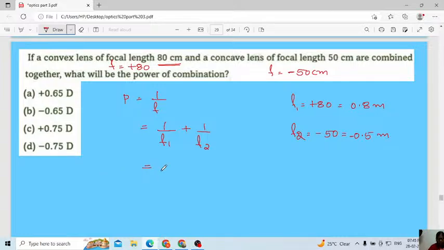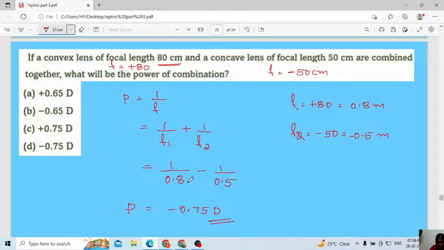Then substitute here, 1 by 0.8 minus 1 by 0.5. Don't neglect the minus sign here. You will solve and get minus 0.75 D. When you take LCM, 0.8 is the bigger one, no?